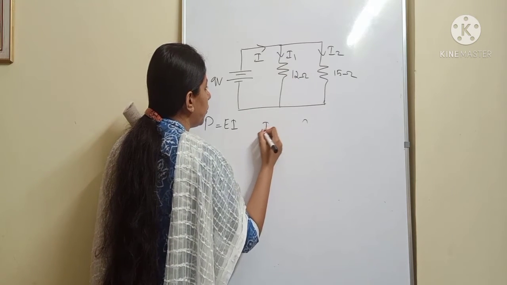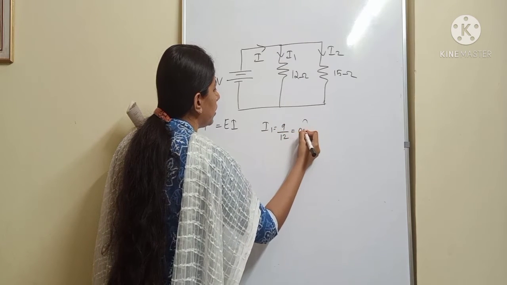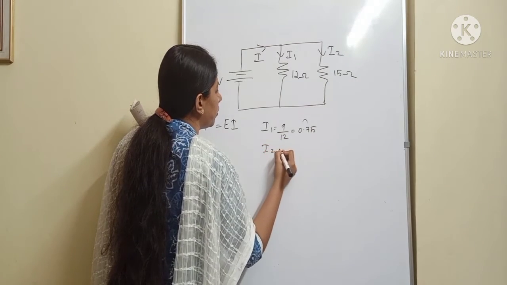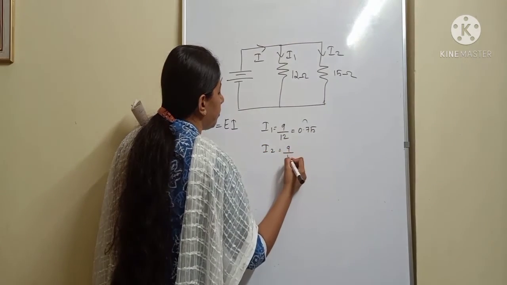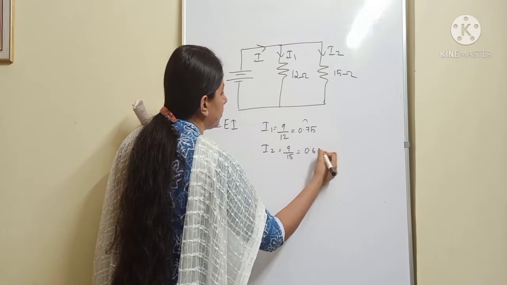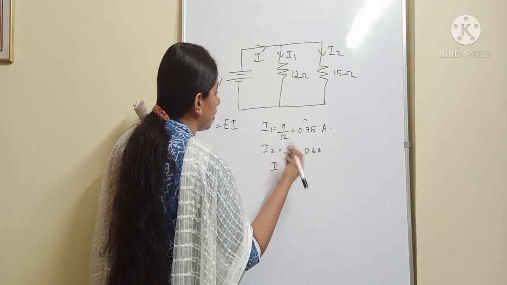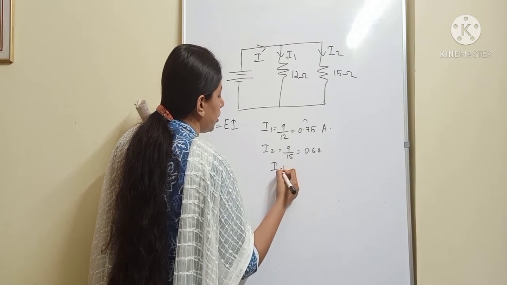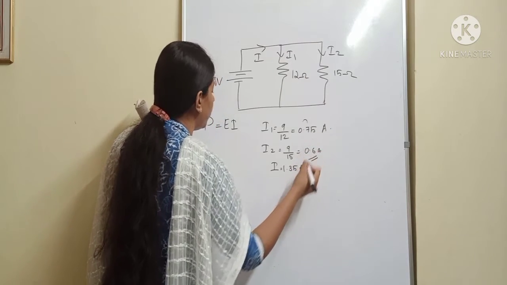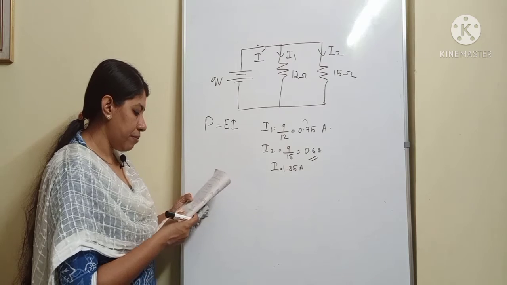I1 will be 9 divided by 12, which is 0.75, and I2 will be equal to 9 divided by 15, which is 0.6 ampere, right? So total current I will be what? 1.35 ampere, if you add 0.75 plus 0.6.